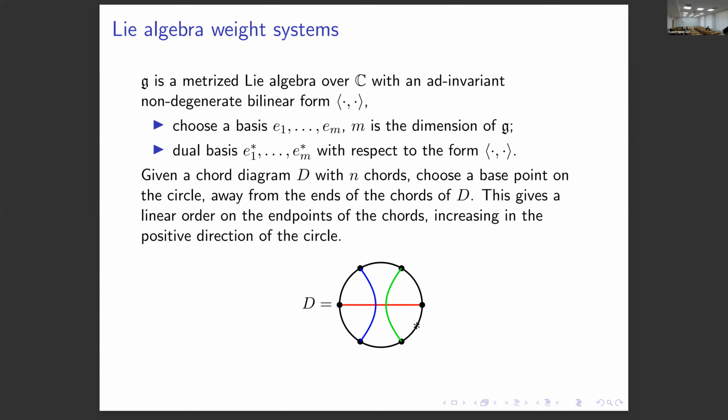Starting from the cut point and walking, you get the endpoint of the red chord, the endpoint of the green chord, and the endpoint of the blue chord. Next, you get the second endpoint of the red chord, the second endpoint of the blue chord, and the second endpoint of the green chord. So we get a linear order of the endpoints.